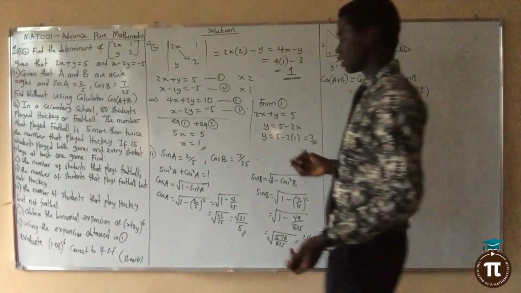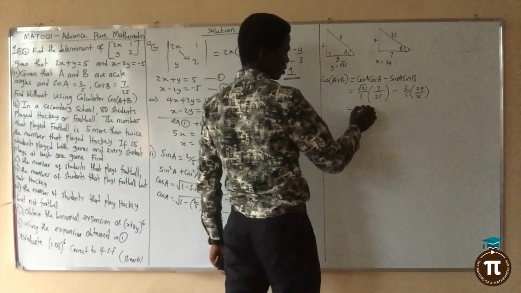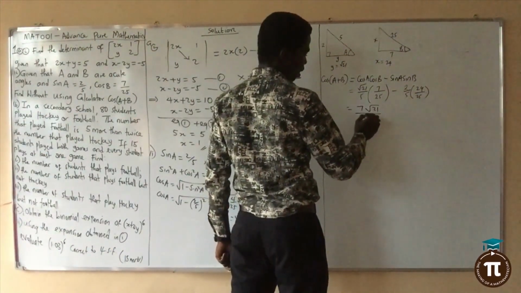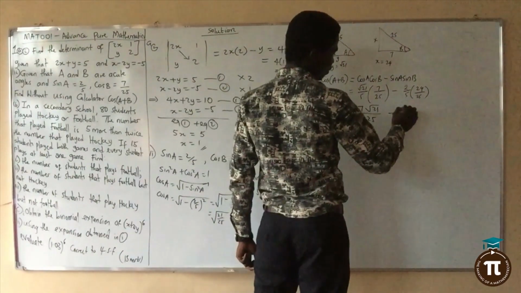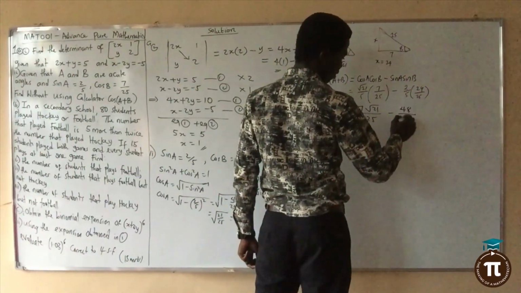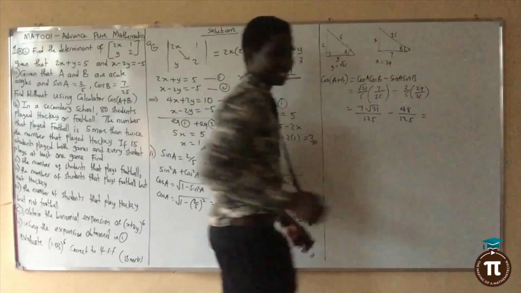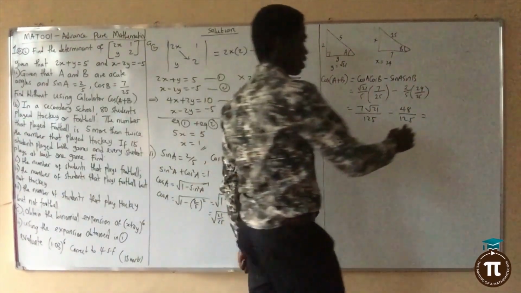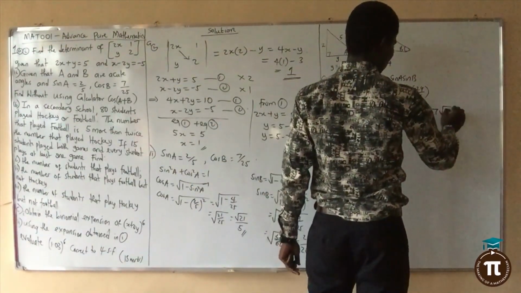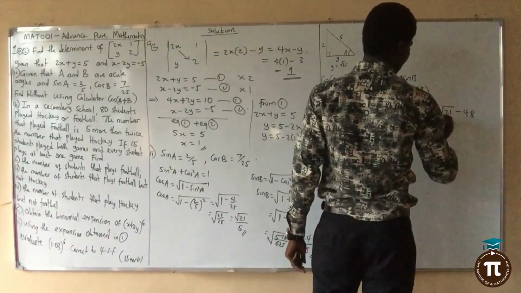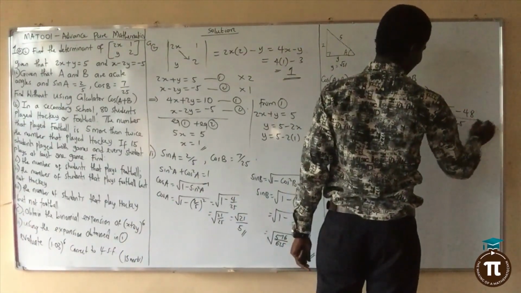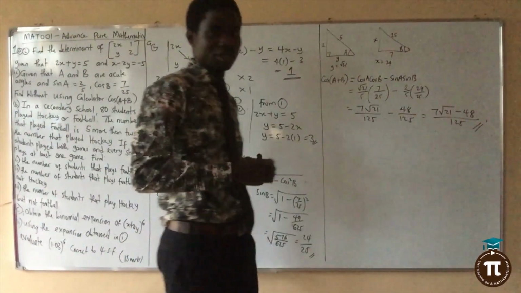So at the end of the day, I have 7 root 21 divided by 125 minus 48 divided by 125. So the answer is (7 root 21 minus 48) divided by 125. And that is the final answer to this particular problem.